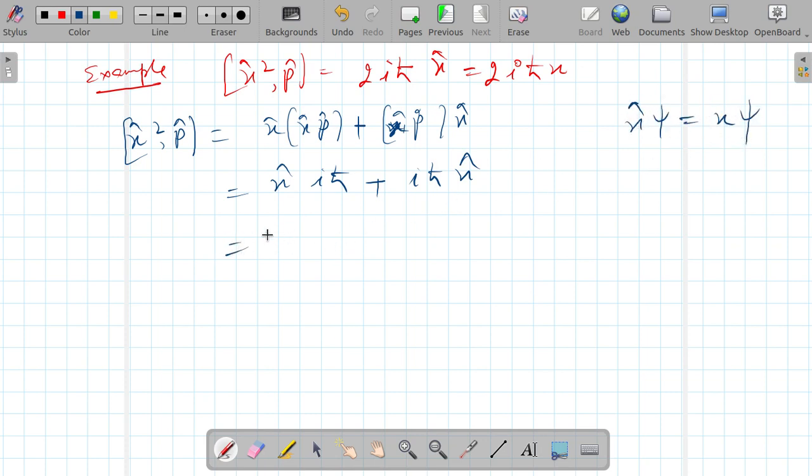So keeping all these things in mind, this is i h-bar x and plus i h-bar x, so 2 i h-bar x. So hence the result is proved, right?